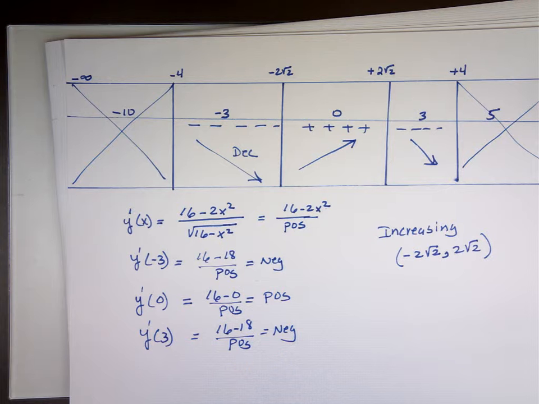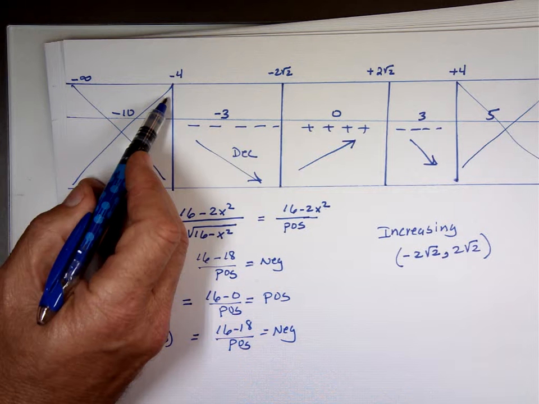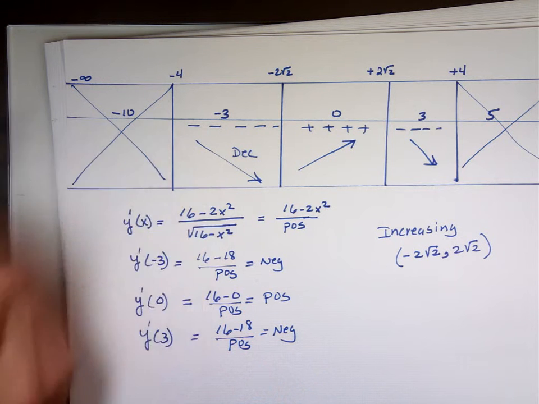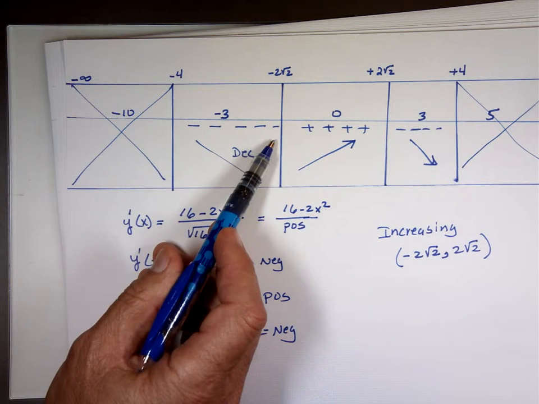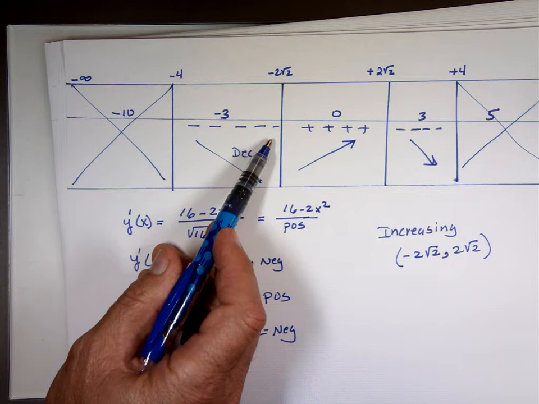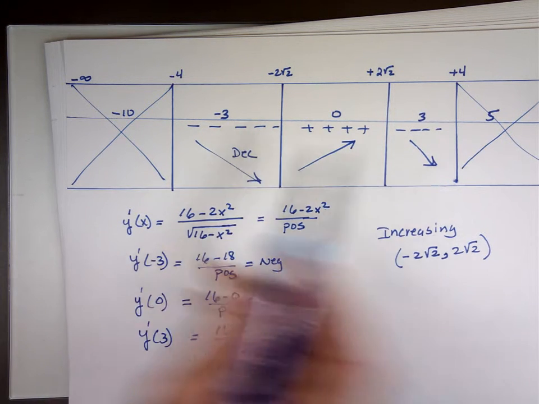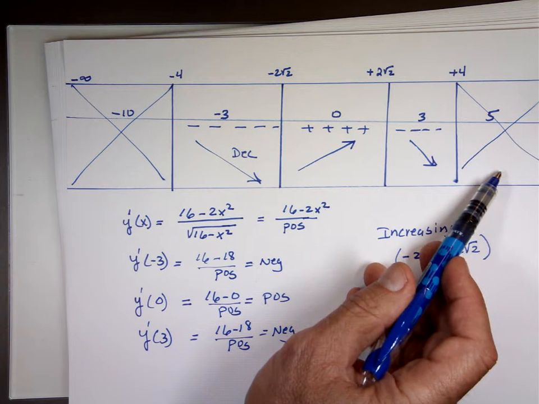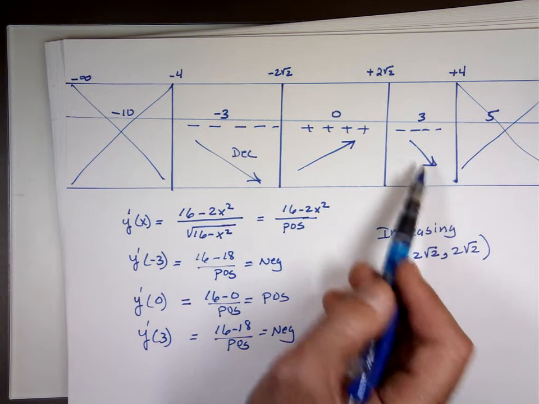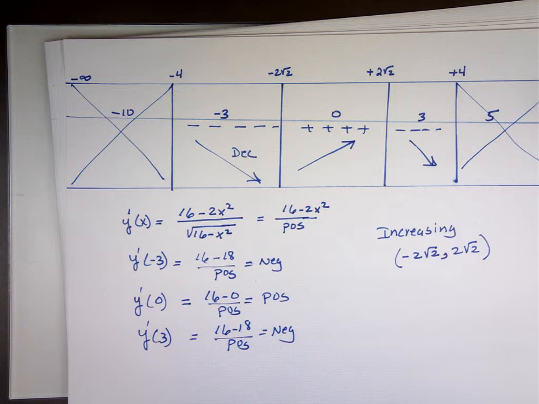Now, where is it decreasing? My option, negative infinity to negative 4? No. Negative 4 to negative 2, the square root of 2? Yes. 4 to 8? No. Now I get 2 of them. So on this test, I got to select both of these.